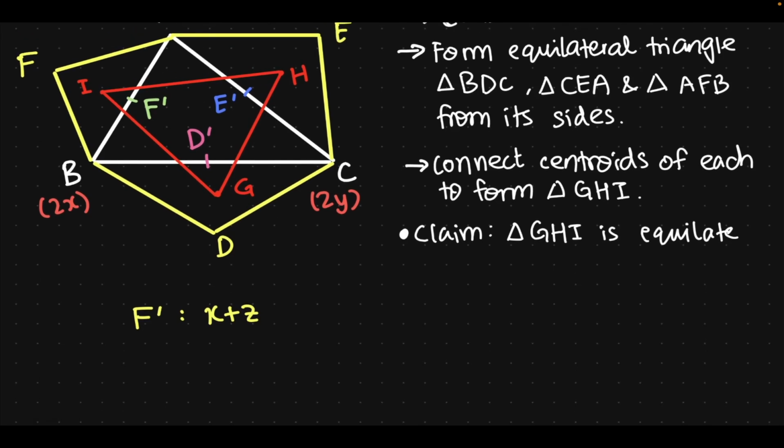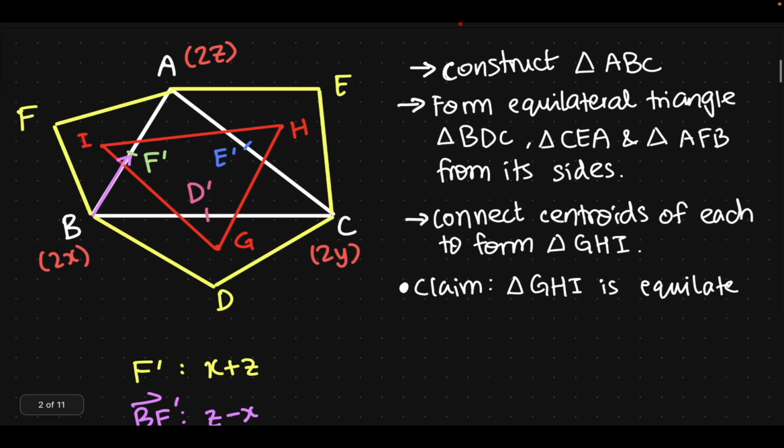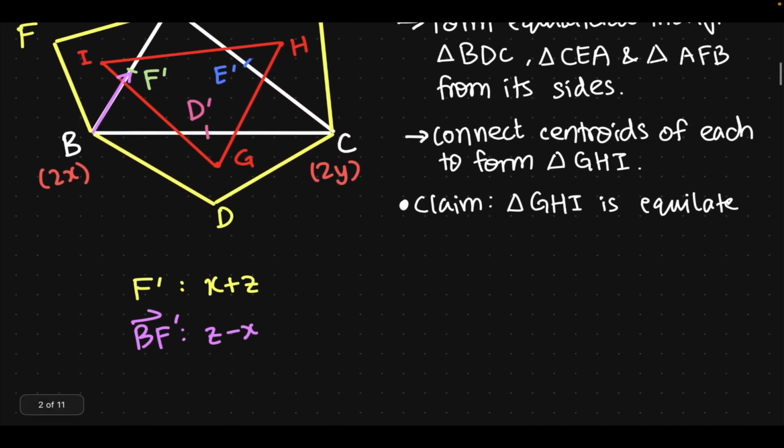which let me just draw roughly. It's going to be this vector BF prime. We basically do the head minus tail gimmick to give us z minus x. I'm skipping steps because I'm assuming you saw the last few videos. It's really the same procedure.